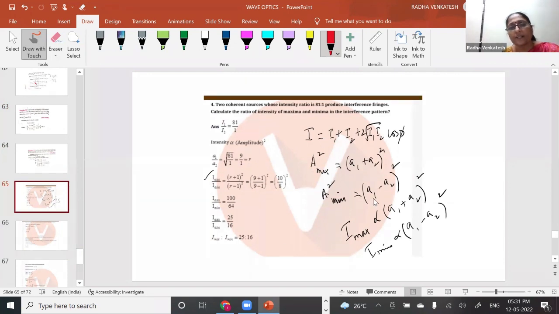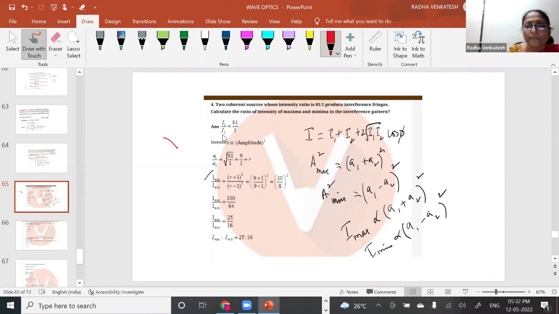Hopefully my PPT is visible to all of you. There are two coherent sources whose intensity ratio is 81:1 and produce interference fringes. Calculate the ratio of intensity of maxima and minima in the interference pattern. So I1 by I2 is 81/1.